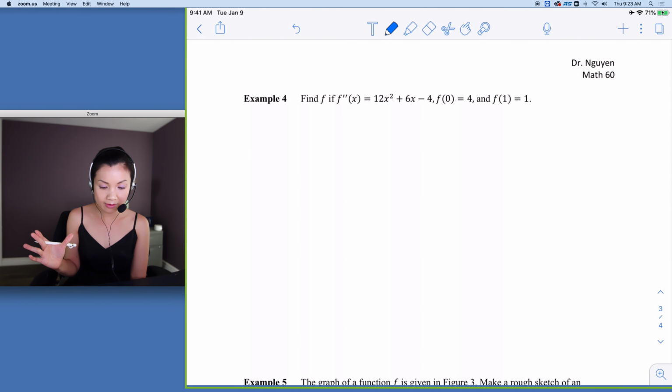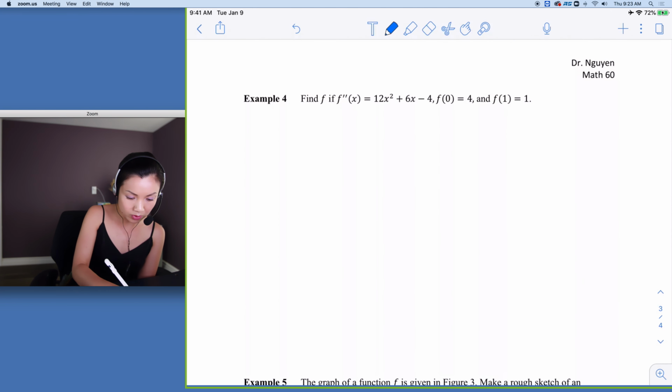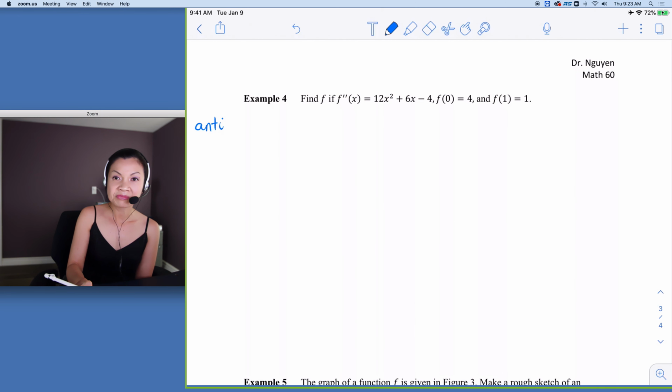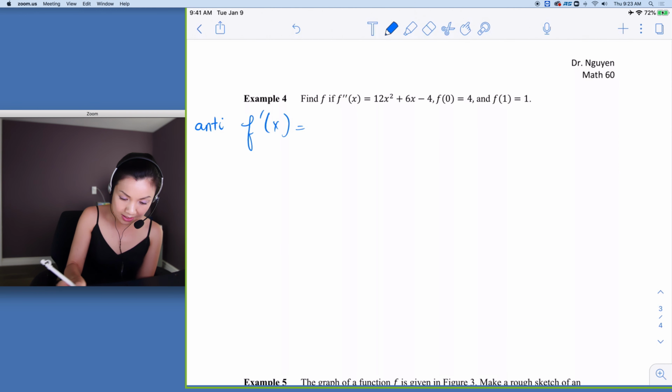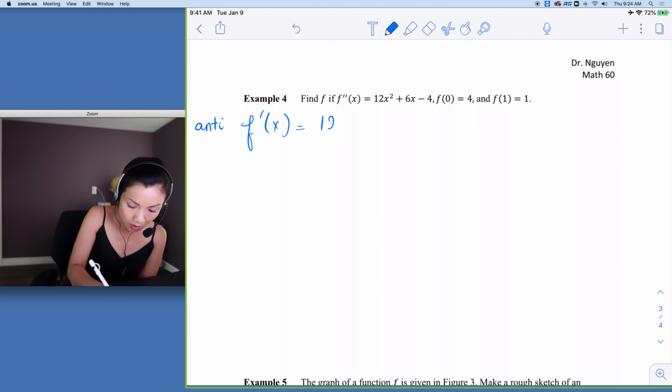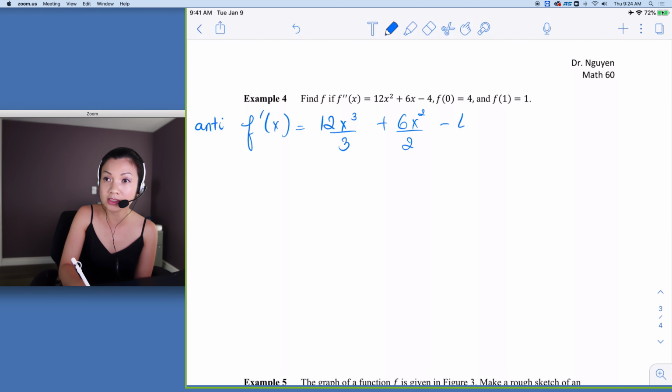So what I have is the second derivative. So we're going to have to find the first derivative and then so on. Okay, so first derivative, antiderivative, f prime of x is going to be 12x, and then you add 1 to it, divide by the same number, plus 6, add 1, divide by the same number, minus 4, for the constant you just include x.